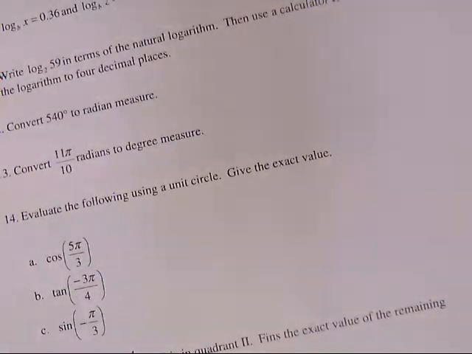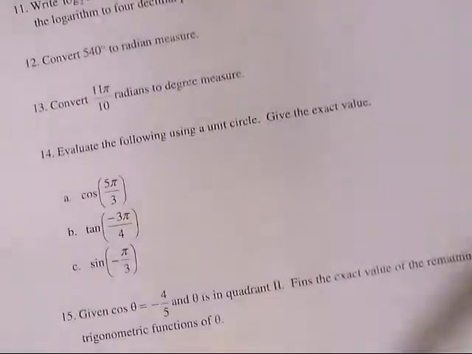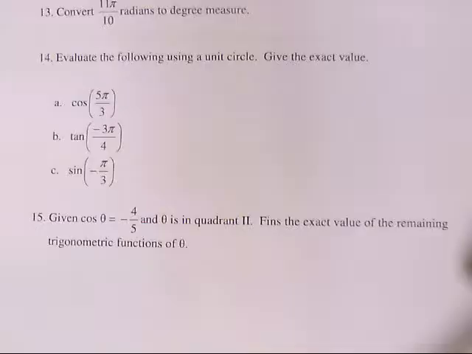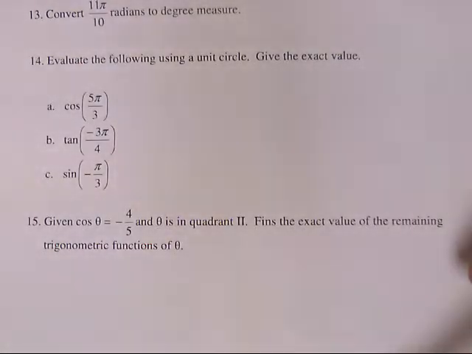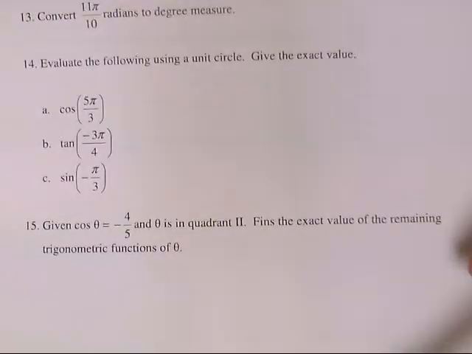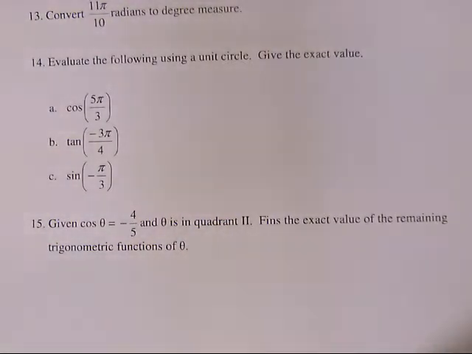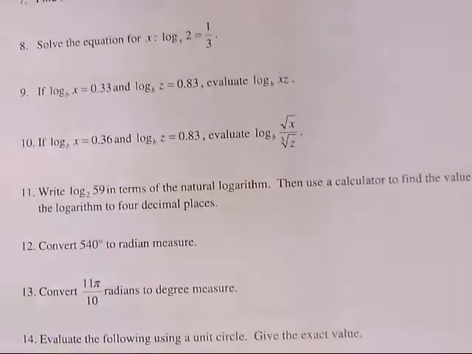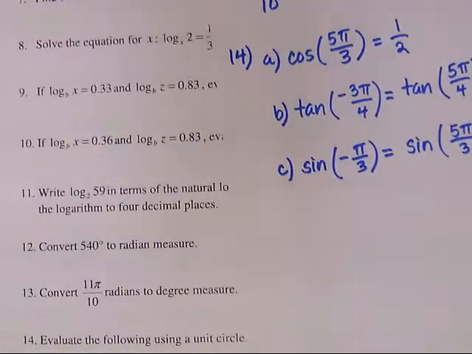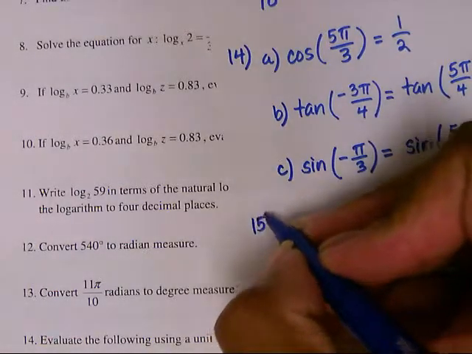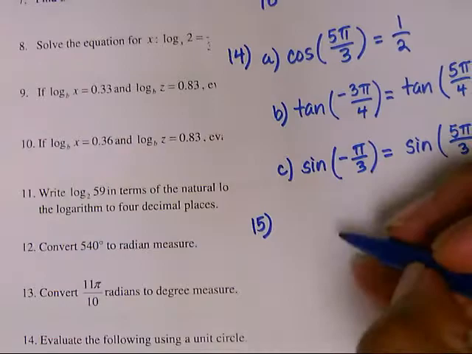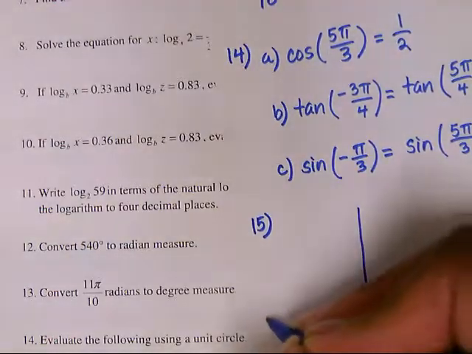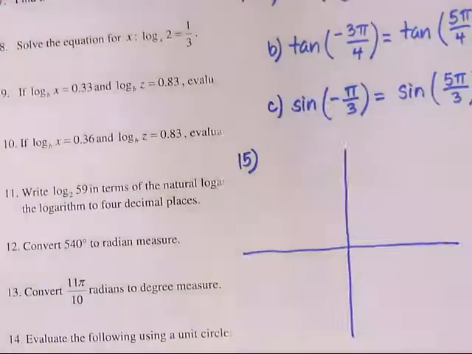All right, number 15. You're given the cosine of theta is equal to negative 4/5, and your theta is in quadrant 2. And here you want to find the exact value of the remaining trig functions of theta. Okay. What I would do here is draw a triangle for this one. Okay, this is going to be the xy plane.